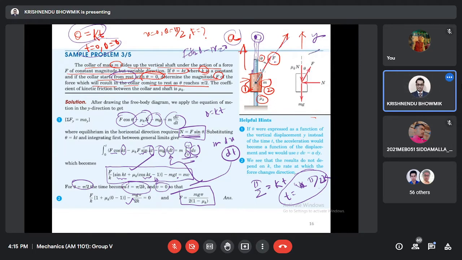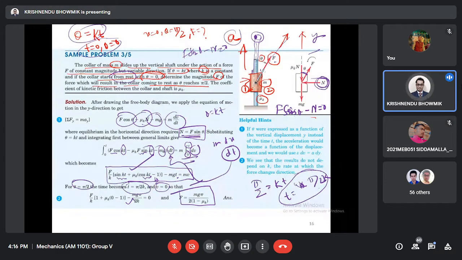Here, this is a theta. So this F sin theta in horizontal directions, correct? F sin theta minus N equal to 0. If I use N in these directions, then the equilibrium equation says F sin theta minus N equal to 0. That means N is in this direction.